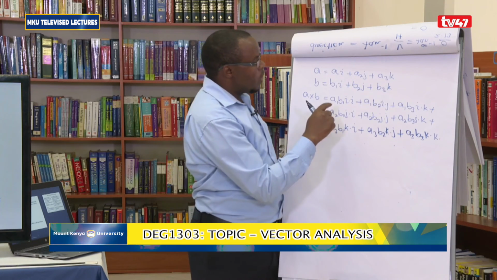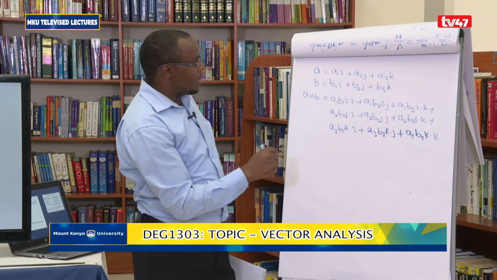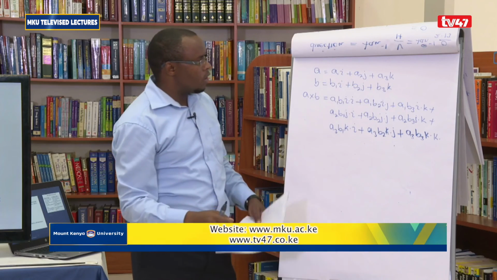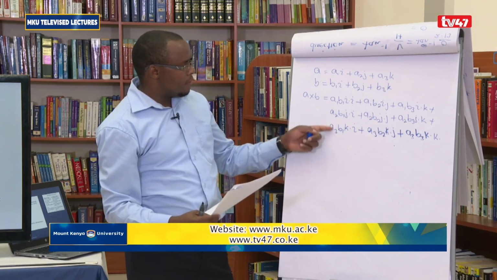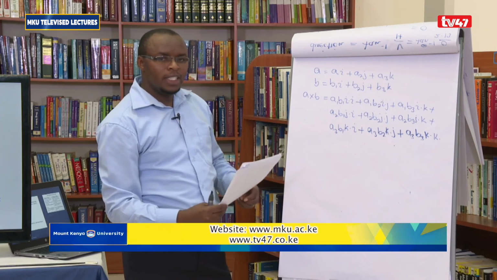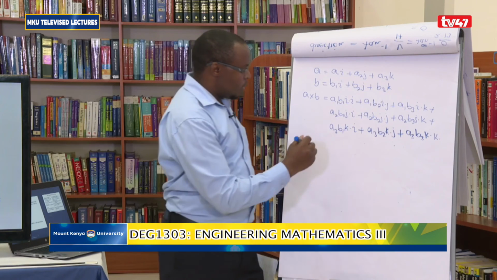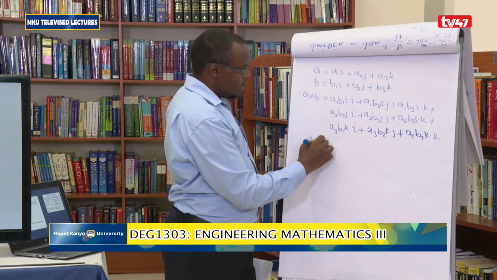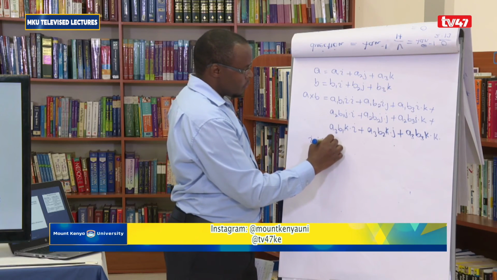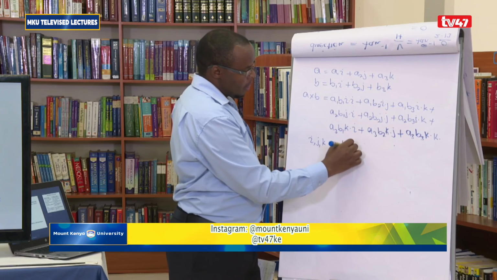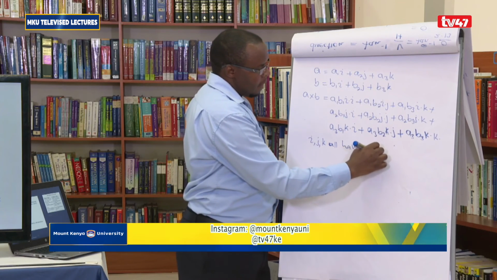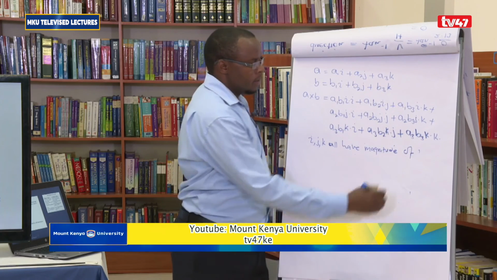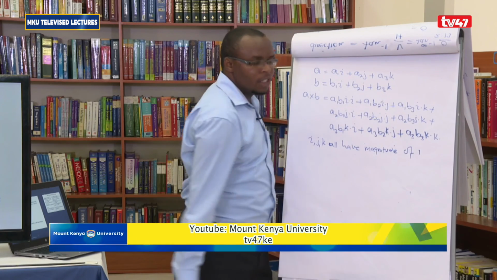So when you have multiplied each component across the other, then just like what we said in the dot product, i, j, and k all have a magnitude of 1.